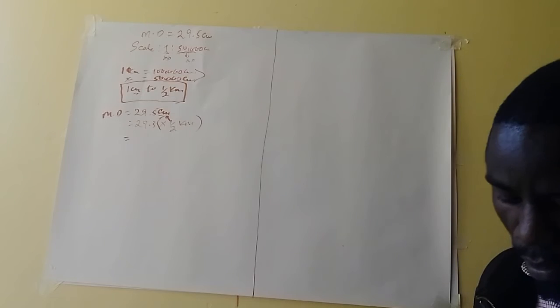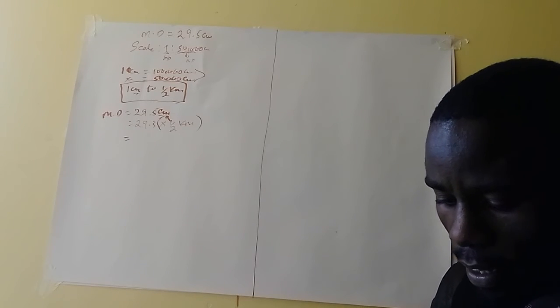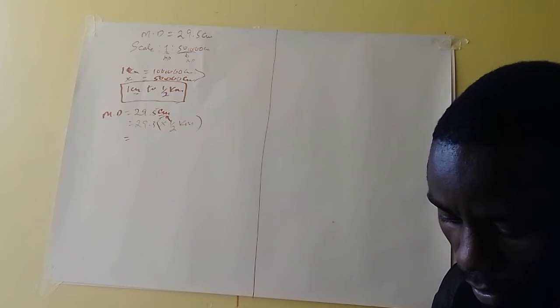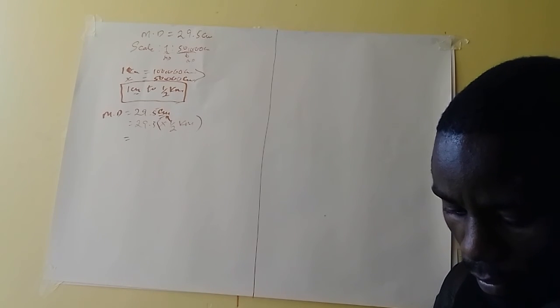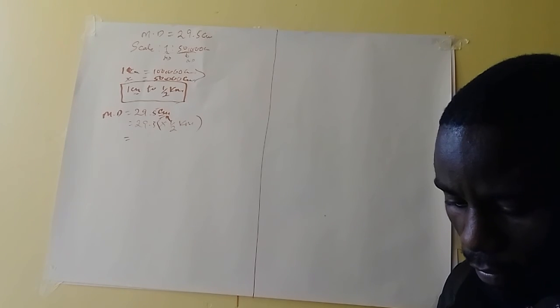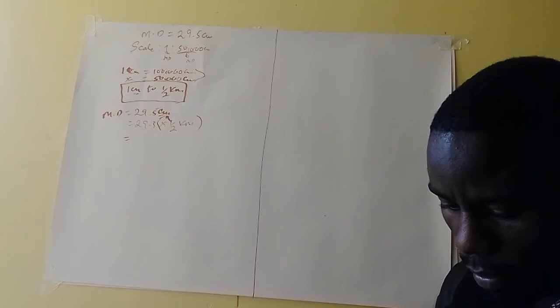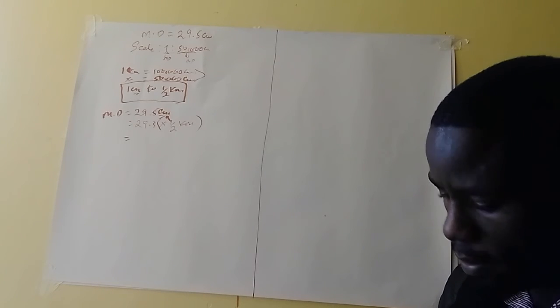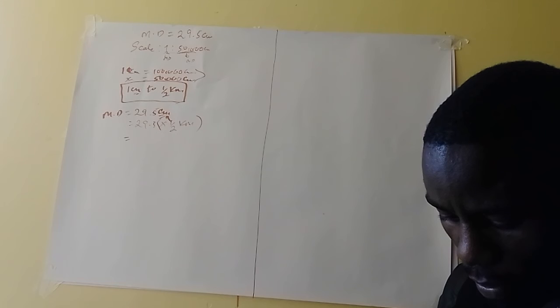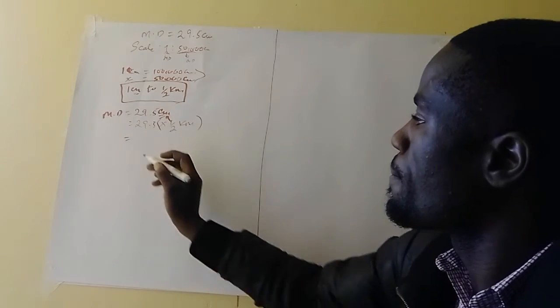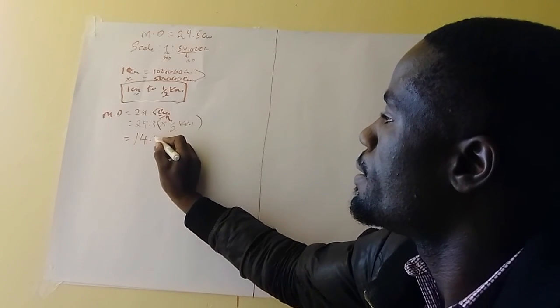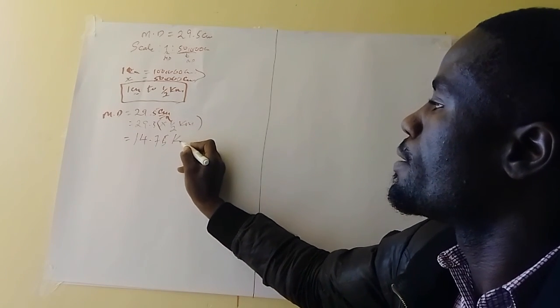I was looking for a calculator. So 29.5 times 0.5, we get 14.75 kilometers.